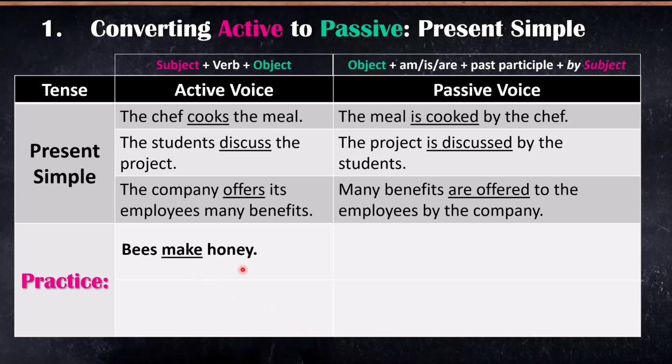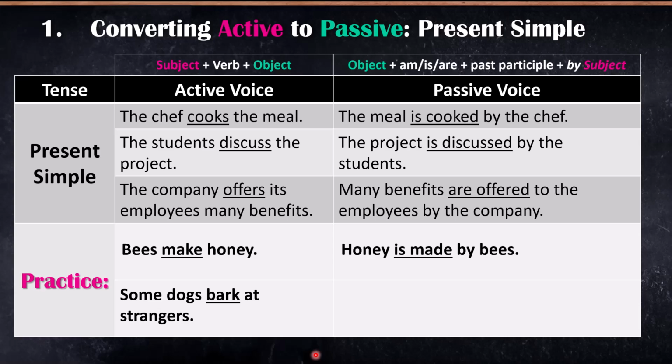Bees make honey. Okay, we know we have to begin with the object, so this should be easy. Honey is made by bees. We have is, the form of to be, plus the past participle made, and then by subject, by bees. Let's try another example.